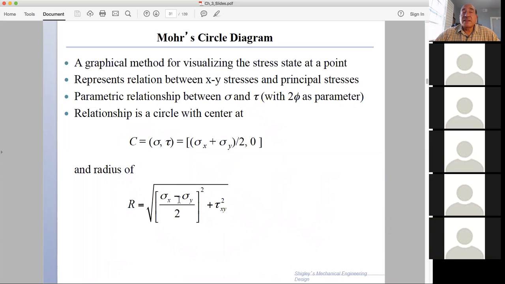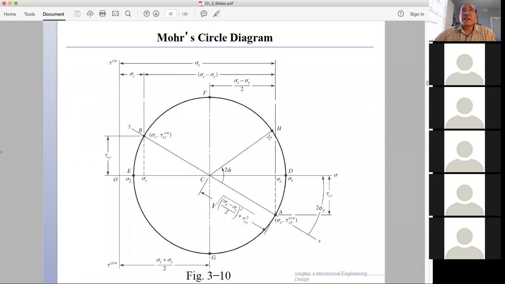This is the difference here, and that gives us the radius. So from C and R, we can draw the circle. But we note here that the coordinates of point A are sigma x and tau xy, but this tau is counterclockwise.